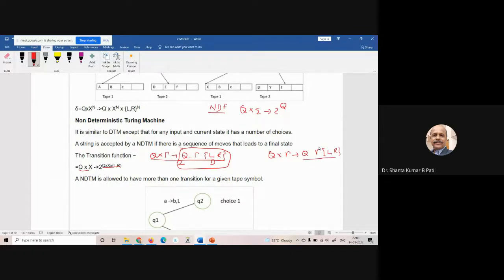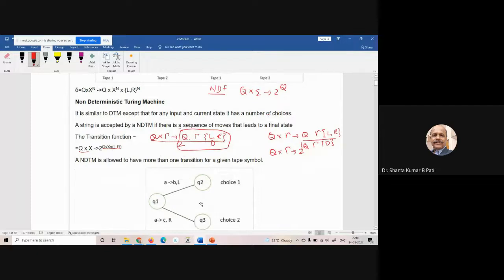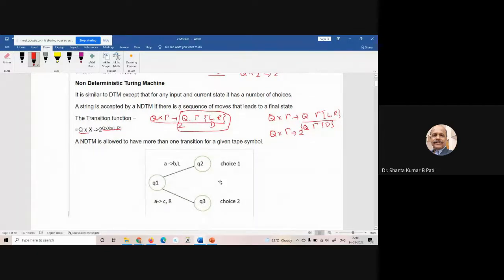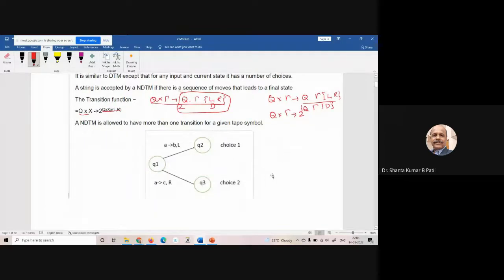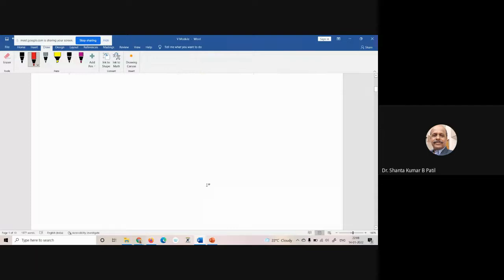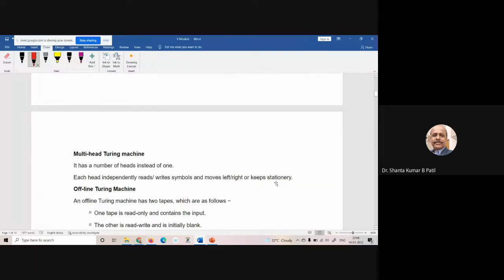Only one, in any one state of the Turing machine. Whereas in the case of the non-deterministic Turing machine, Q reads the same symbol, and it may take you to 2 power options of Q, tau, and direction, or you can write left comma right. So a lot of options are there. If you write this much, you can easily get the 5 marks. This is about the non-deterministic Turing machine.